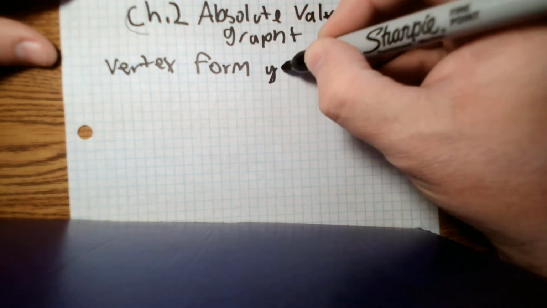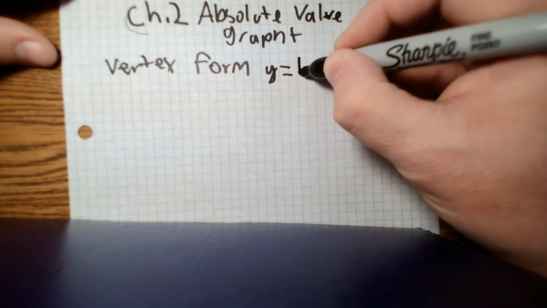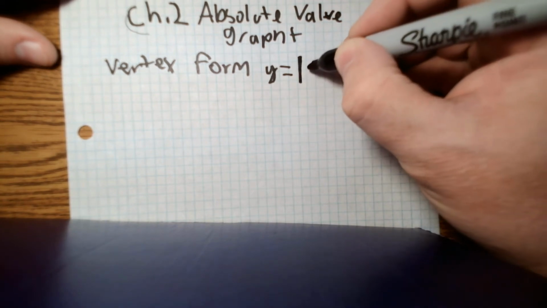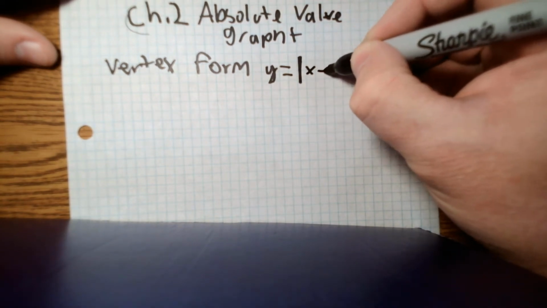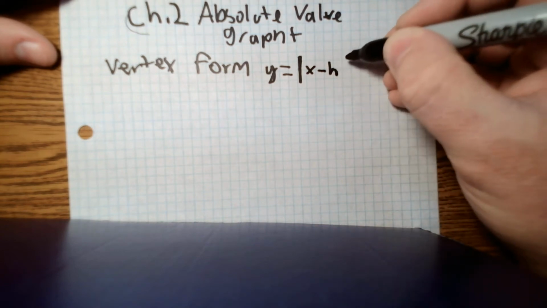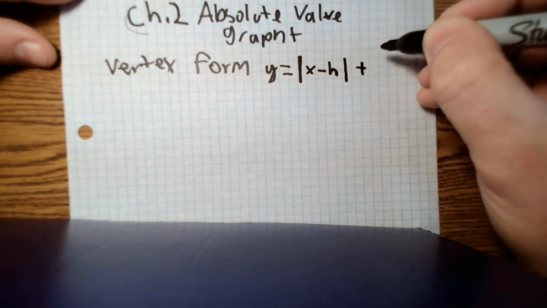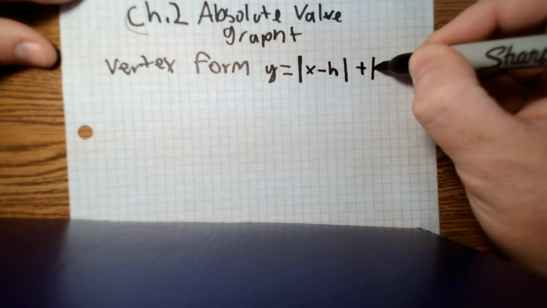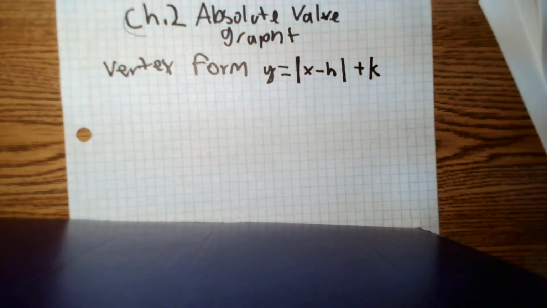Y equals absolute value of x minus h, absolute value plus k. This is similar to y equals mx plus b, but this is for absolute value graphs.